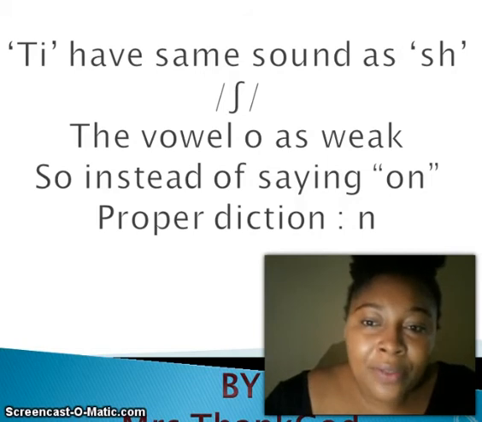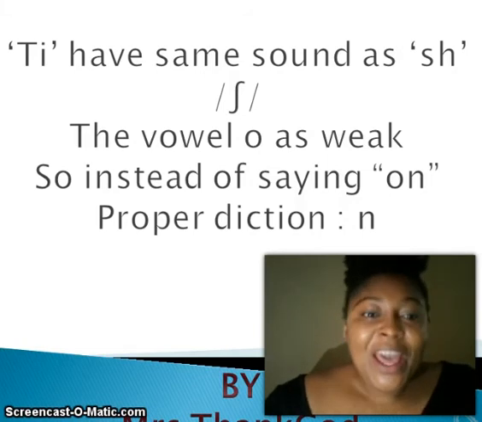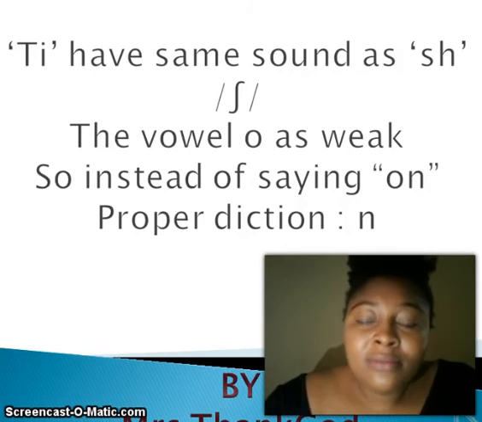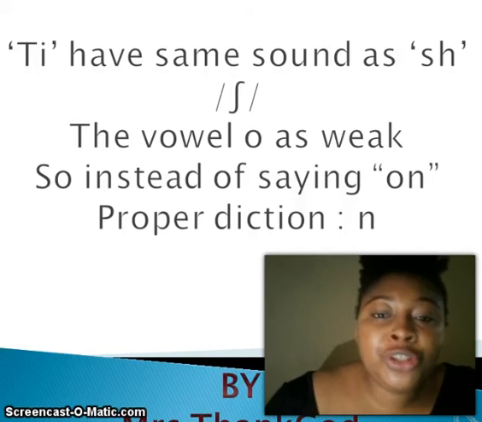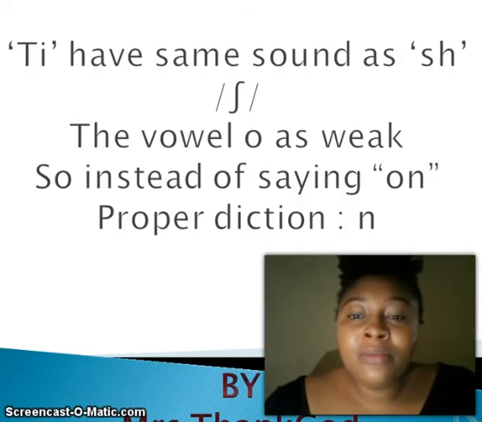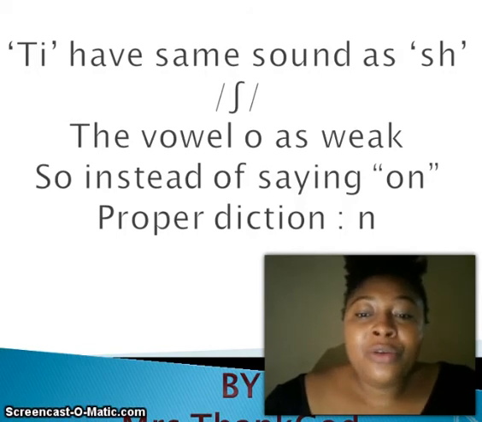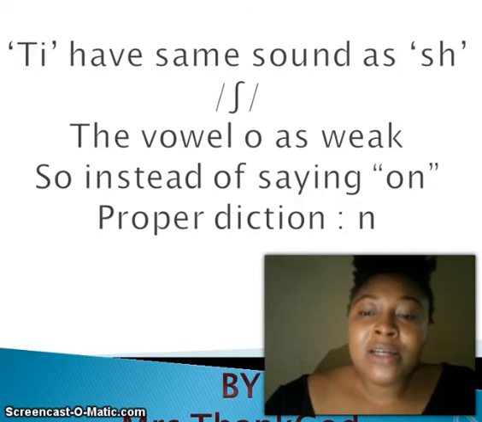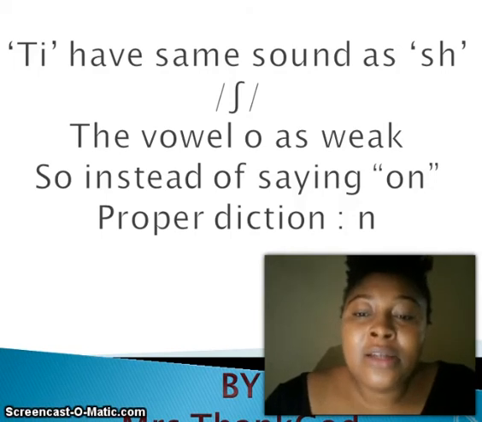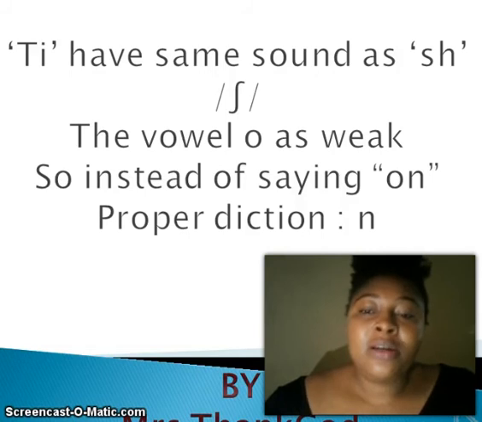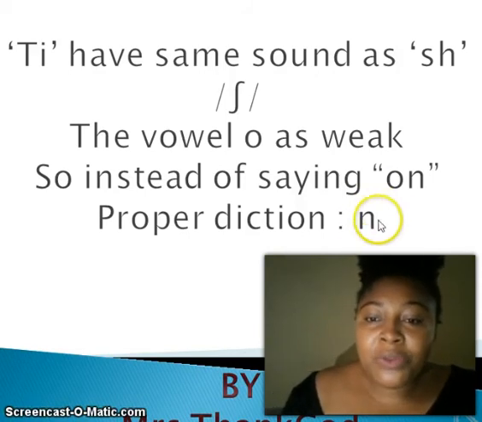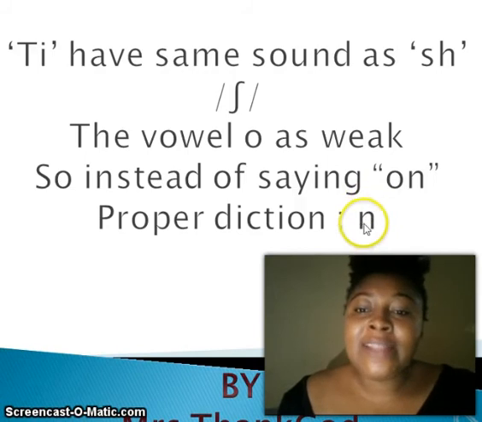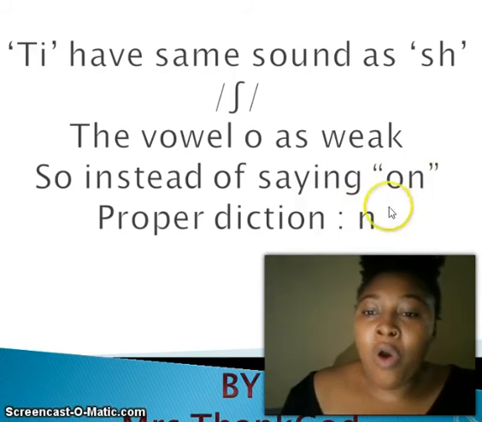So instead of saying "on" to complete the other part of the syllable after "sh," it's best you pronounce it as "n." That's why you have this here. So it's better pronounced as "n" and not "on."